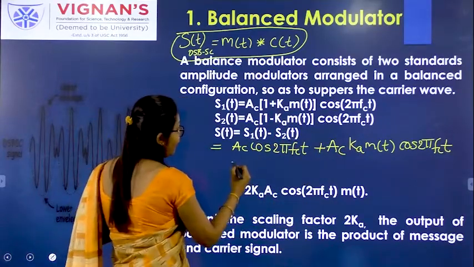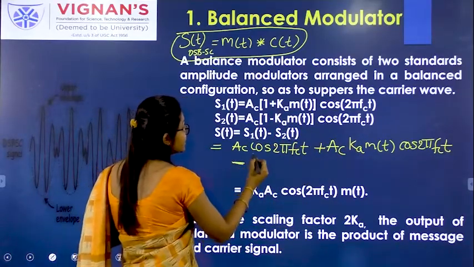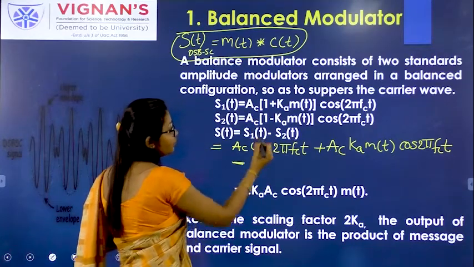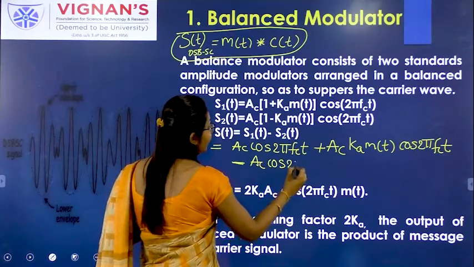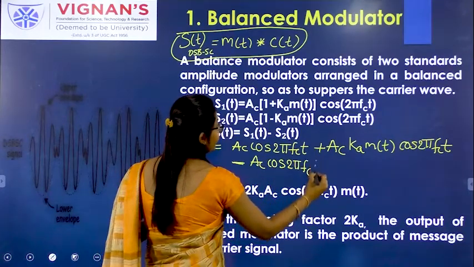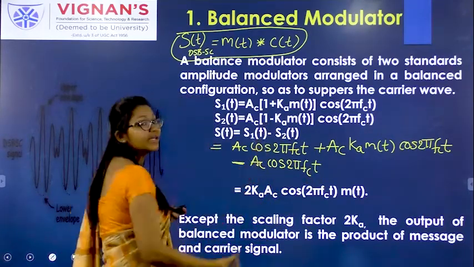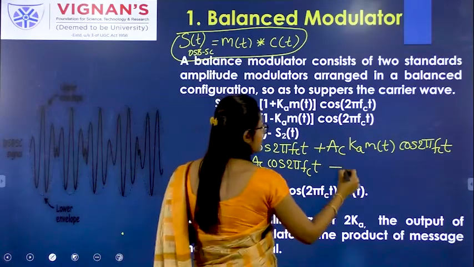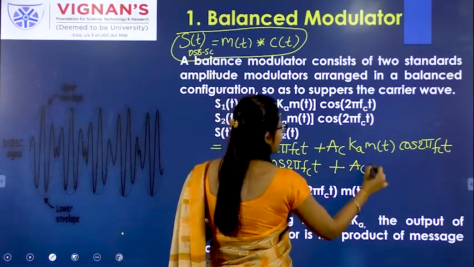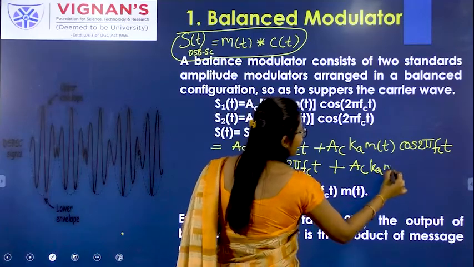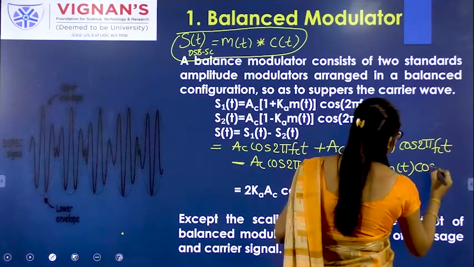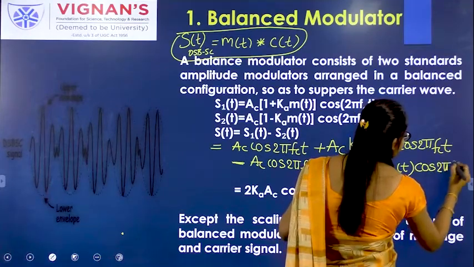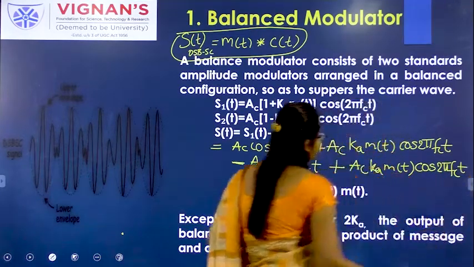And for the second one, minus S2 of t. What is S2 of t here? Minus AC cos 2 pi fct, and here minus of minus becomes plus again, AC Ka m of t cos 2 pi fct, right?